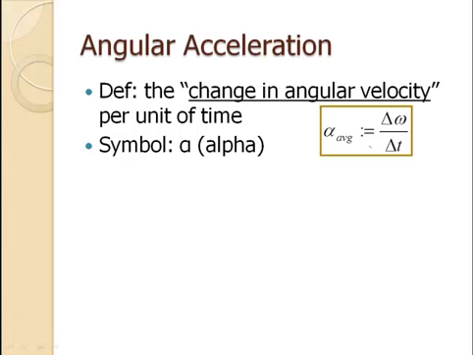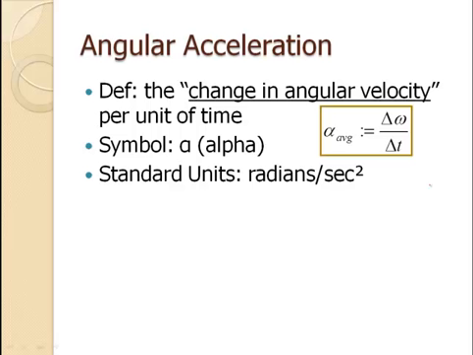I hope that sounds familiar, because that's exactly how linear accelerations are calculated, except here we're using a rotational speed instead. The standard unit would be the standard unit of speed, radians per second, divided by seconds, and so we typically call that radians per second squared. Linear accelerations are in meters per second squared.